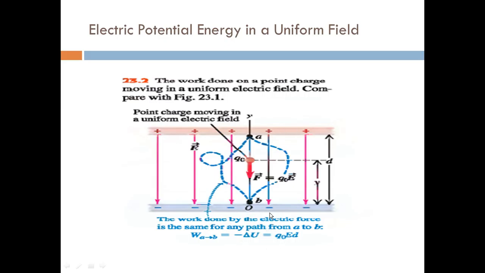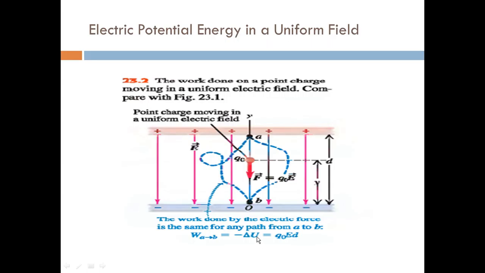We have Q sub O times the electric field times the distance. Since this is the force, this is force times distance, or displacement. Remember, our definition for work is force times displacement. This is the force, Q sub O times E, then this is the displacement. And this is equal to the negative change in potential.